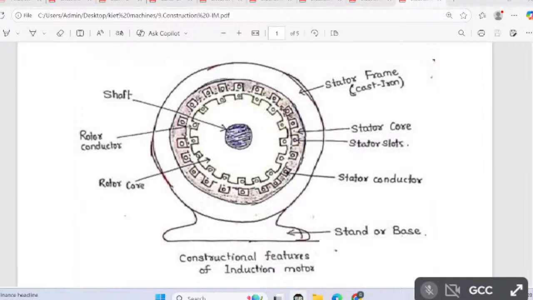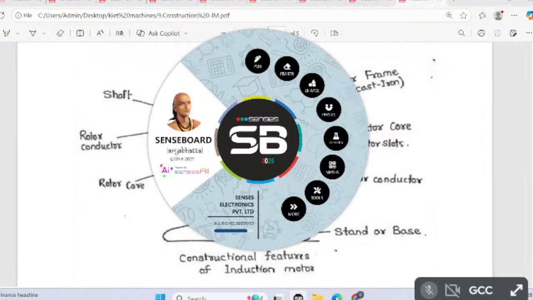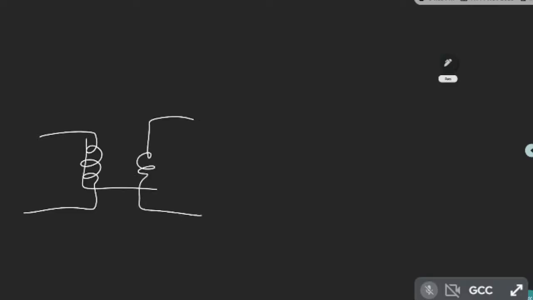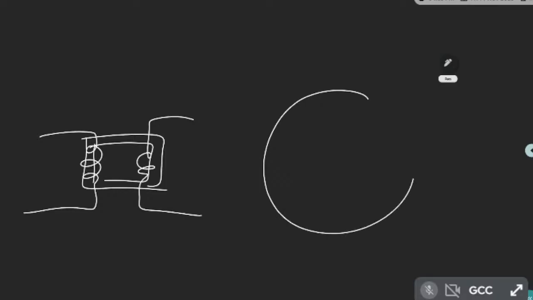So it is the primary winding. So primary winding, secondary winding. The common part is the core. Here I am using the primary winding in the stator, three-phase 1, 2, 3, R, Y, B. The stator has slots with stator conductors.